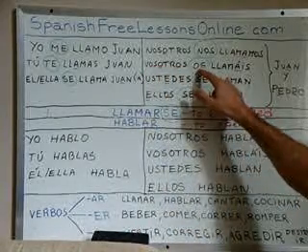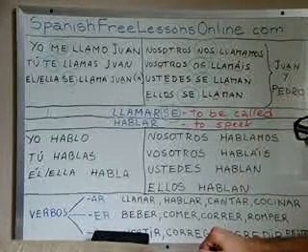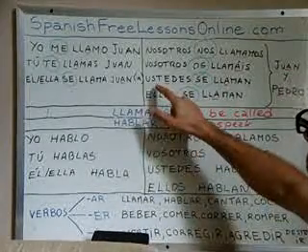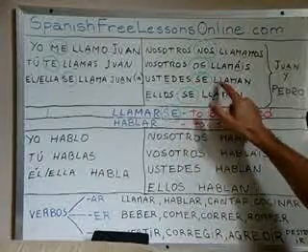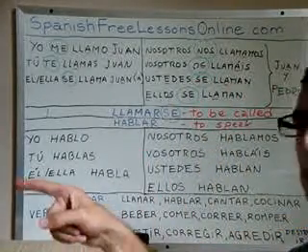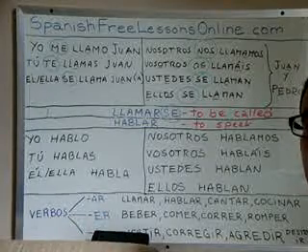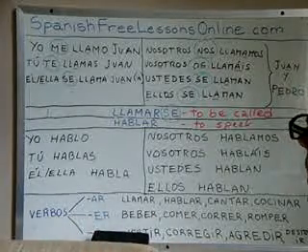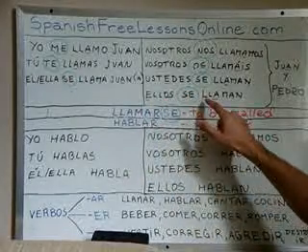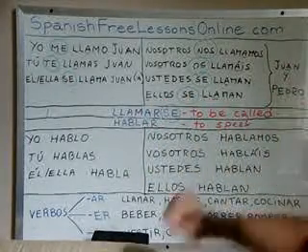Vosotros os llamáis Juan y Pedro. This is the same as saying ustedes se llaman Juan y Pedro. That's you are Juan and Pedro, or you are called Juan and Pedro. And the last one, ellos se llaman Juan y Pedro.